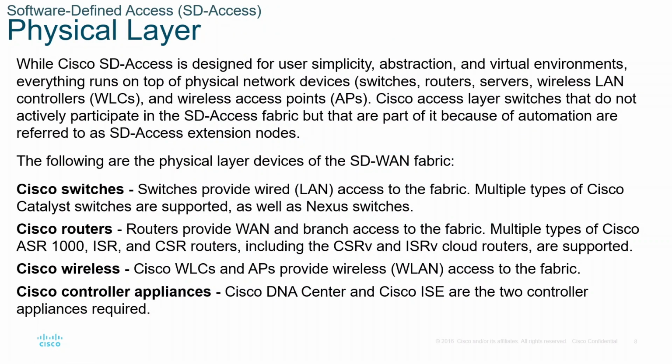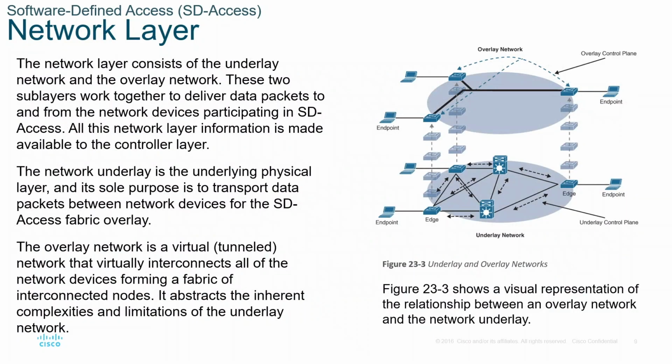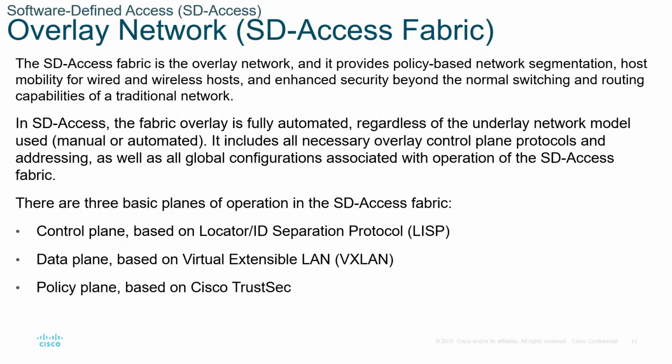Now the physical layer, no need to understand. Network layer, overlay network, you have the same thing. It's just bypassing, like a VPN. Underlay network, automated. You are only setting up plug and play. That's all. Overlay network, control plane.